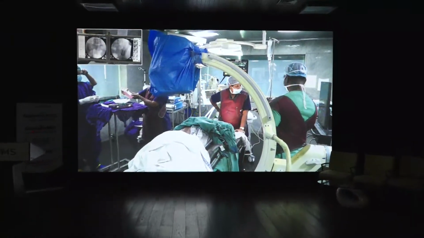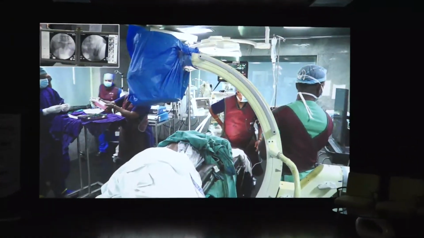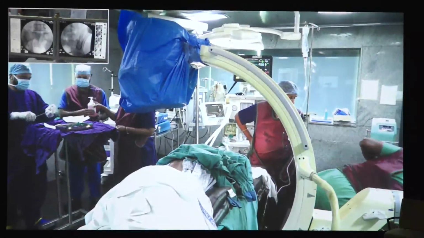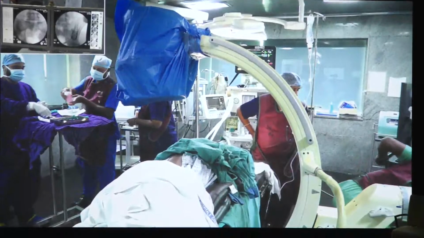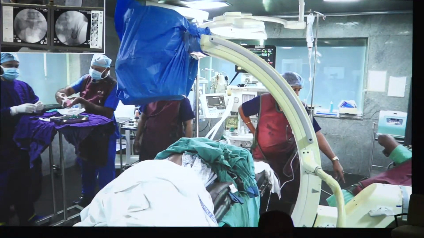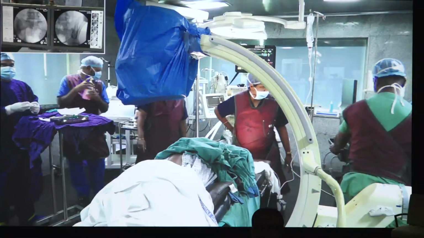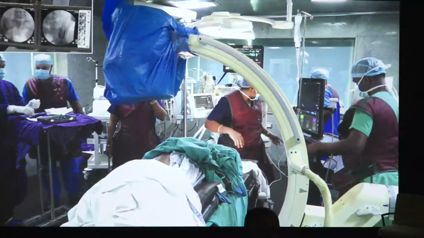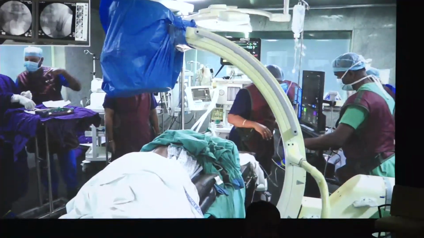Any questions with regards to so far? SI joint pain again can be a part of a condition like ankylosing spondylitis. In that case, it is bilateral.